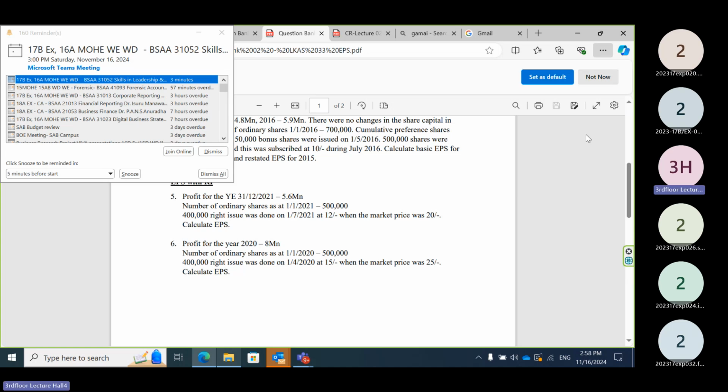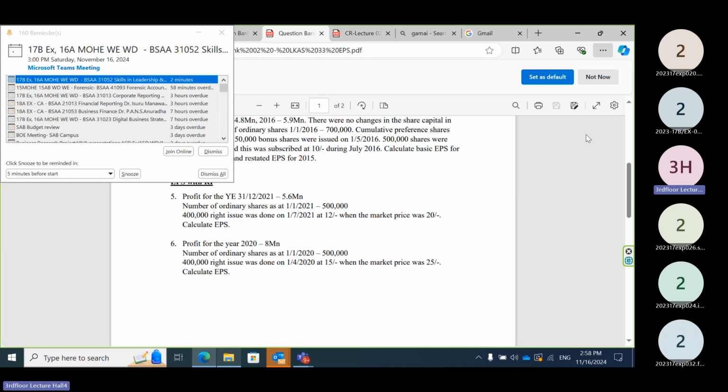Solve this answer and find x. Once you find x, you take the number of shares and the opening date. Number of shares and opening date. Right. And then you can calculate.